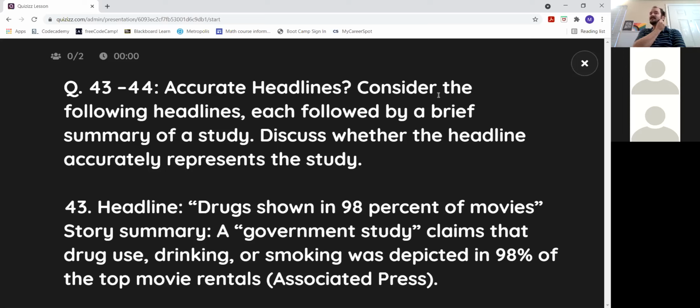Consider the following headlines. I think this is a good exercise. Consider the following headlines, each followed by a brief summary of a study. Discuss whether the headline accurately represents the study. When we look at papers, they are writing the paper to sell the paper, right? Sometimes headlines are there to grab your attention, so sometimes they can be misleading.